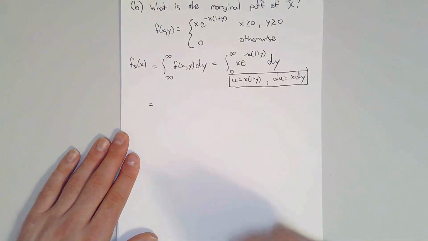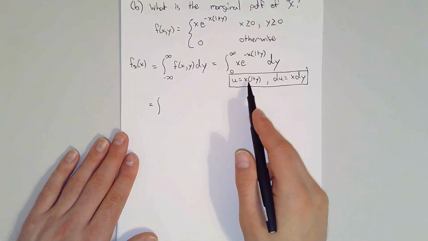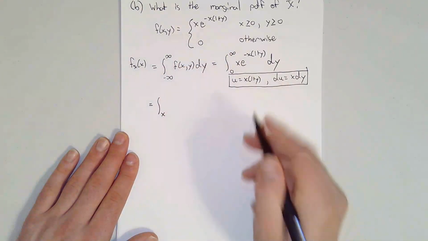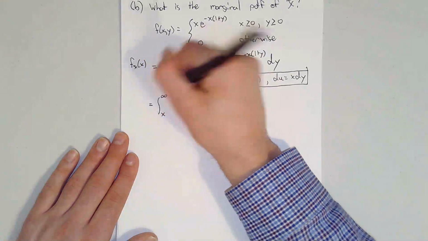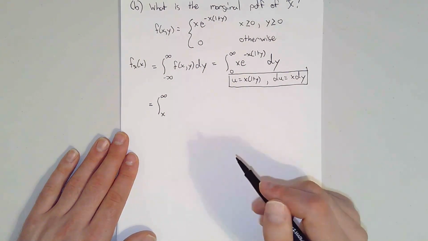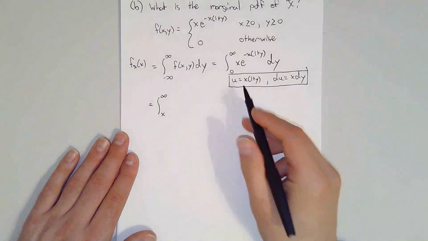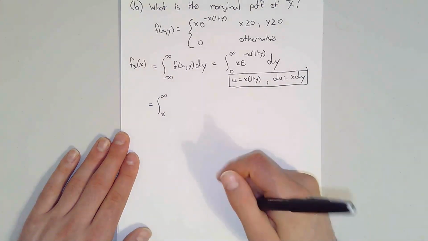As we saw, as y is equal to 0, u is equal to x. As y goes to infinity, u also goes to infinity. So this is true for x bigger than 0. We're going to assume for now x is greater than 0, and we get the following bounds.